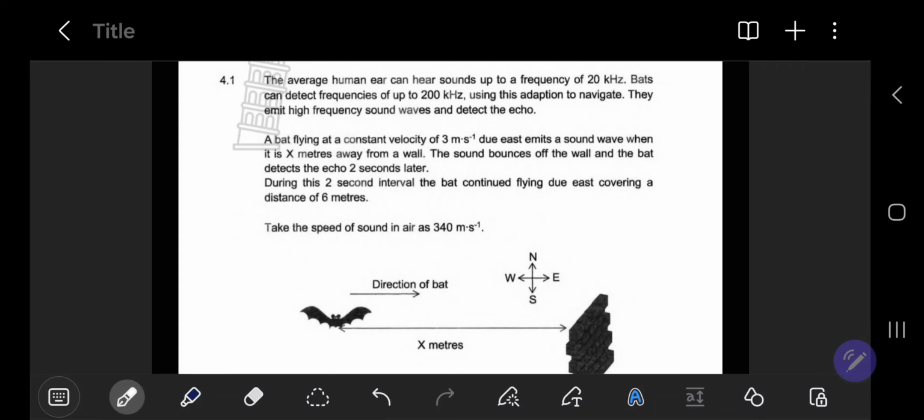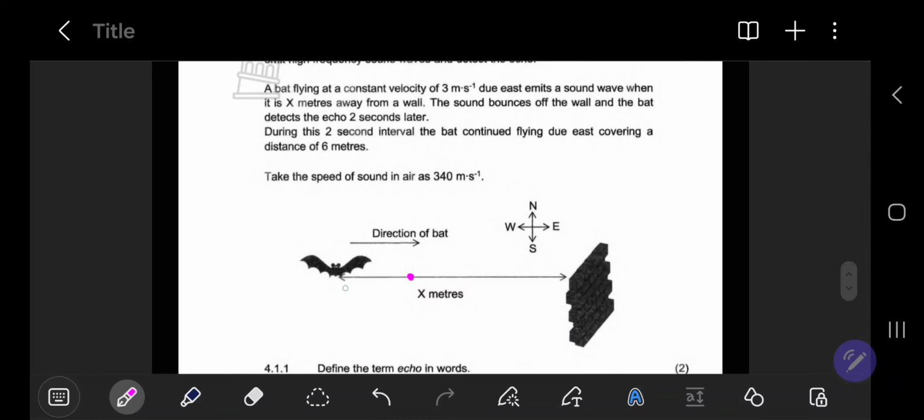Now, obviously, if he is flying at a constant speed to the right, due east, he's not going to be in the same spot when the echo comes back to him. So during those 2 seconds, he actually covers a distance of 6 meters. So let's say that 2 seconds later, he is at this point, meaning that the distance that he would have covered from his starting position to that point would be 6 meters.